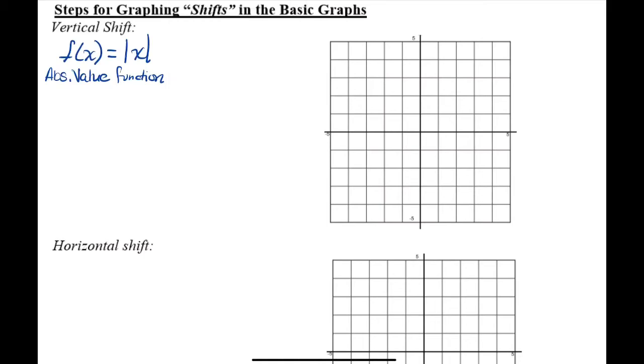Vertical shift means up or down: if it's a positive value, that's going to be up, and if it's a vertical shift of a negative value, that's going to be going down. So what affects the vertical shift is going to be a plus or a minus. Let's say I put a +3 right here. If I put a +3 right there, that means it's going to go up 3.